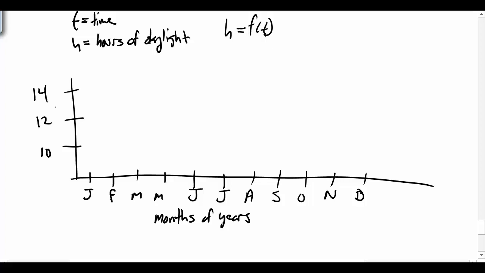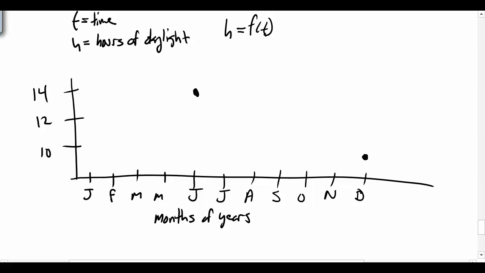And then I'm just going to plot some approximate points. Again, this is a rough sketch. In June we had 14 hours, so right there we had 14. Smallest in winter, December 21st, we had 10.